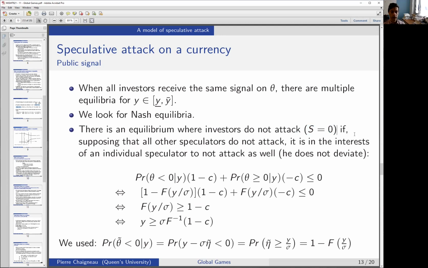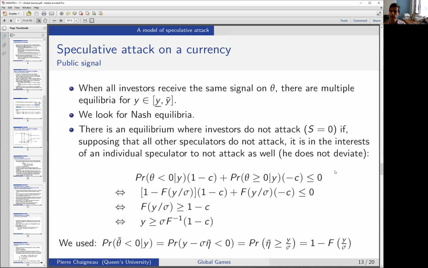So how do we check this is a Nash equilibrium? Remember, a Nash equilibrium is a set of actions such that, given the actions of all other players, it is not in the interest of any individual agent to deviate from his postulated action. So we suppose that all other speculators indeed do not attack, and we see if it is in the interest of any individual speculator to deviate.